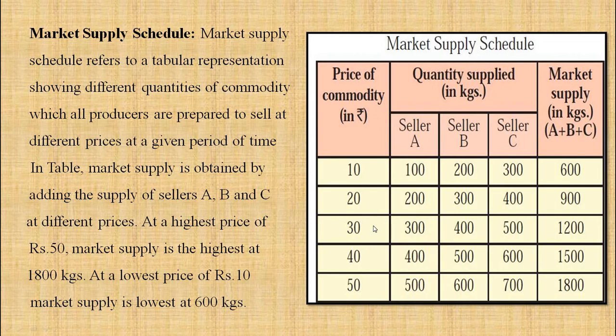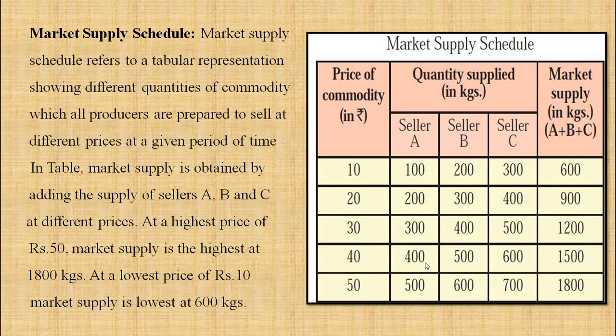Now price rises to 30. So supply also rises. A is selling now 300, B is selling 400, C is selling 500. So total supply is 300 plus 400 plus 500, it is 1200. Price rises to 40. So again A is supplying more commodities, 400, B is supplying more, that is 500, C is supplying 600.